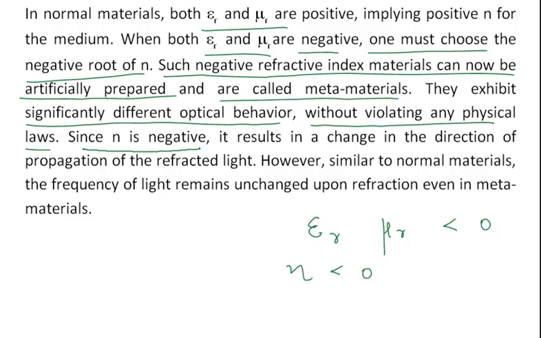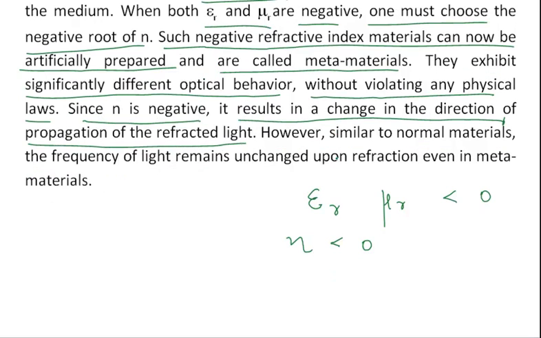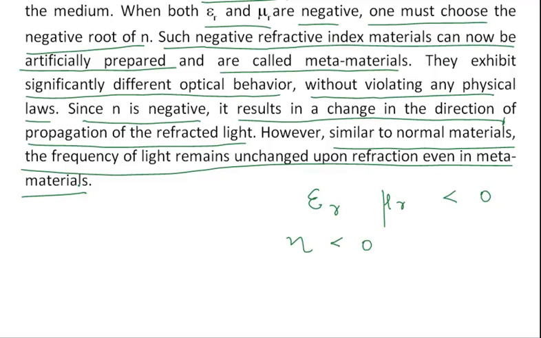Since n is negative, it results in a change in the direction of propagation of the refracted light. However, similar to normal materials, the frequency of light remains unchanged upon refraction even in metamaterials. So in these metamaterials, the optical phenomena are not going to change. What is going to change is that the refractive index is negative.